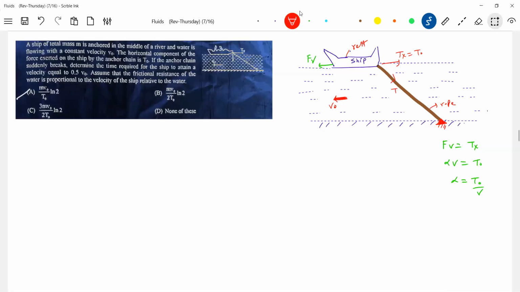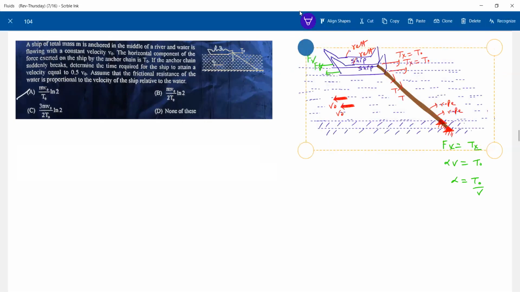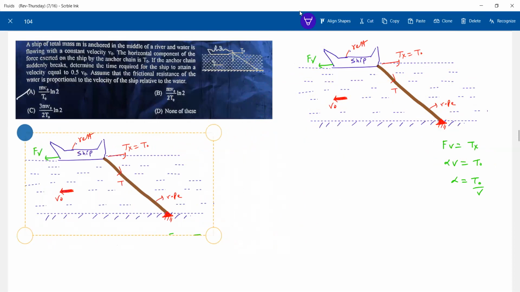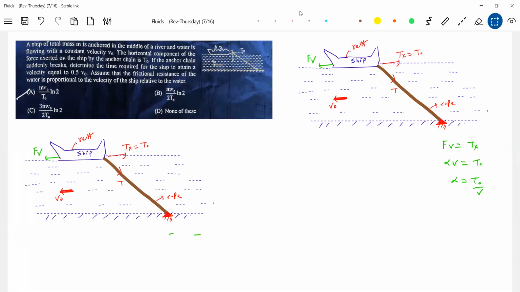Then what will happen? I'll remove this because this is not needed. Okay, the rope is cut. I don't know in what direction the viscous drag will act. Leave this, and we'll remove this.